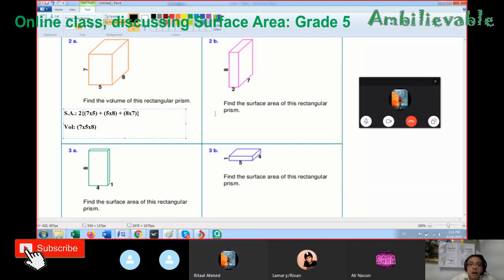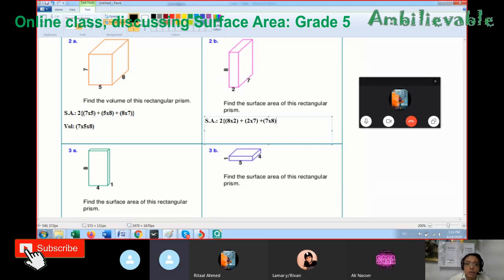Now, the same thing here. Find the surface area and find the volume. The same formula. That is the formula we will be using only. Surface area: multiply by 2, then bracket, then parenthesis, 8 times 2, close parenthesis, plus parenthesis 2 multiply 7, close parenthesis, plus open parenthesis 7 times 8, close parenthesis, close bracket.